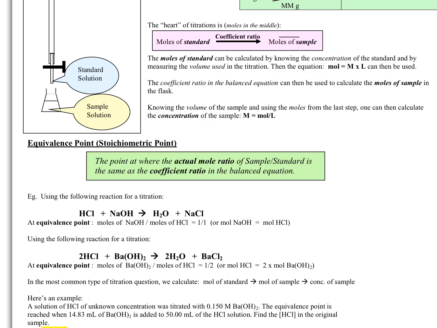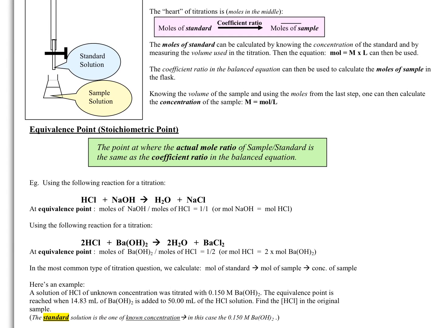I know its molarity. My indicator tells me I've reached my equivalence point once I've added 14.83 milliliters of barium hydroxide. And I originally had 50 milliliters of hydrochloric acid. Find the concentration of hydrochloric acid in my sample.